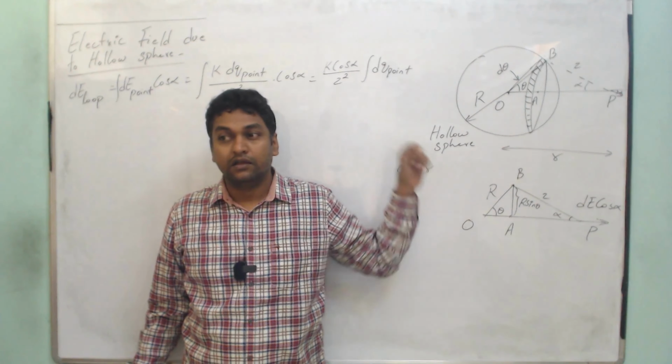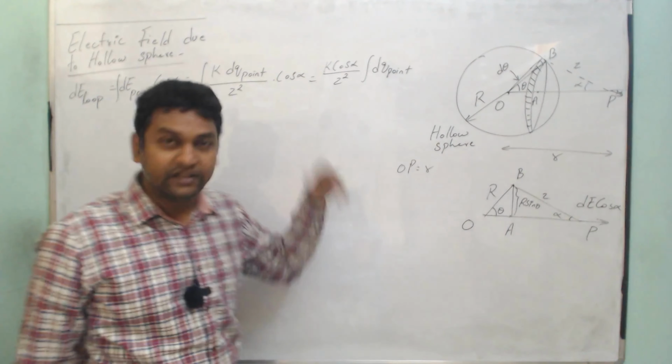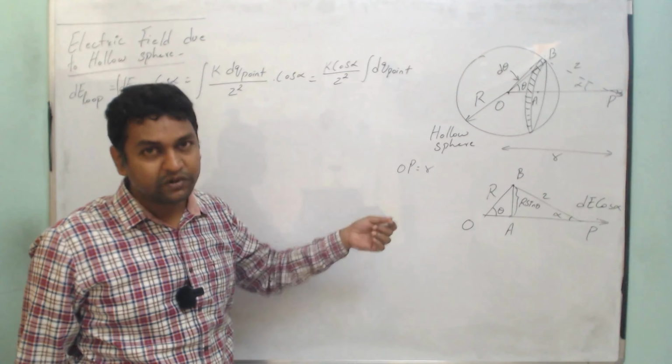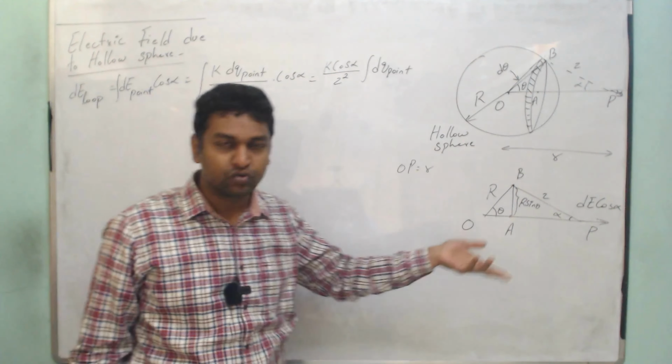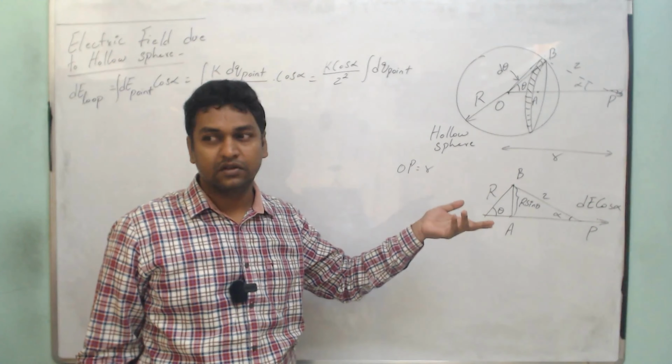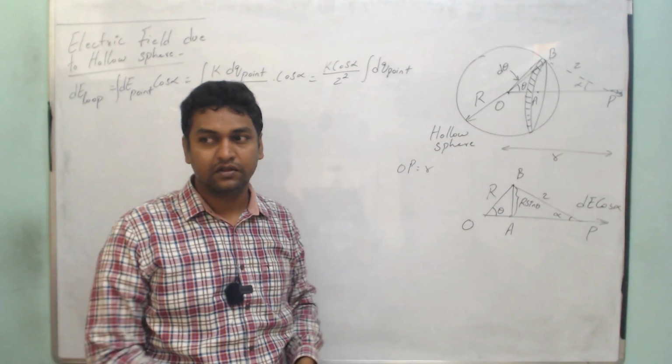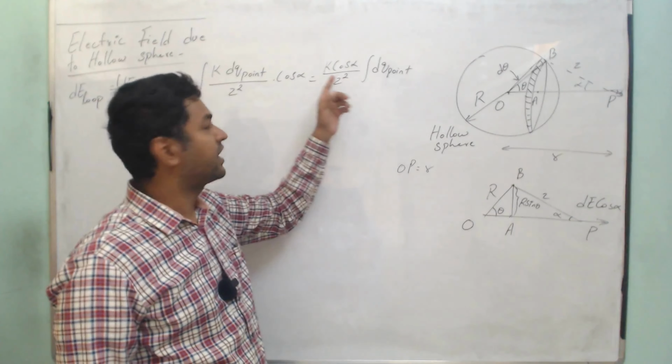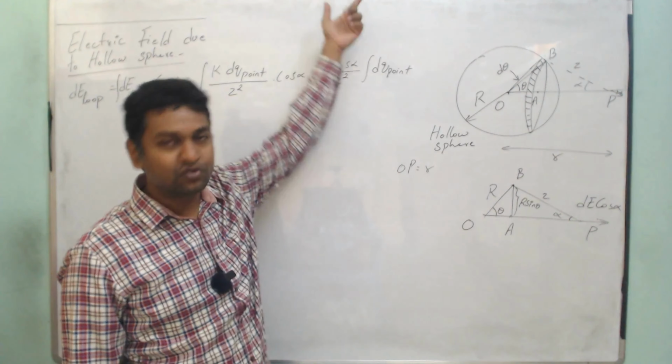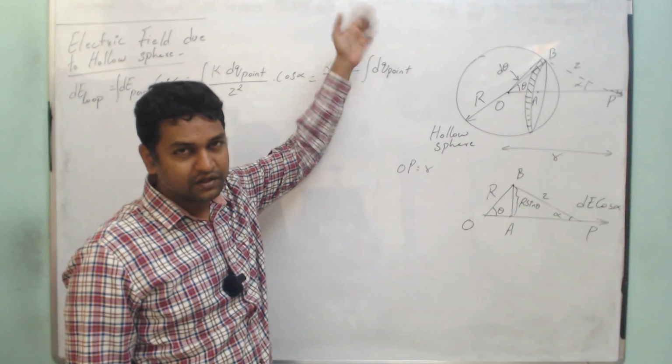Then there should be a 2 out into q by 2. Eventually it will become q.